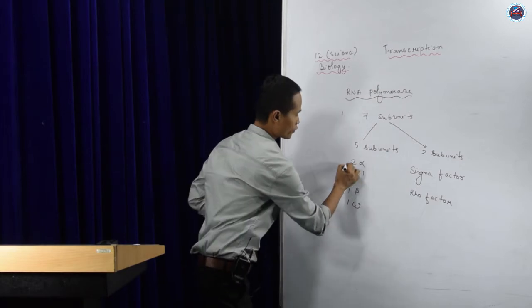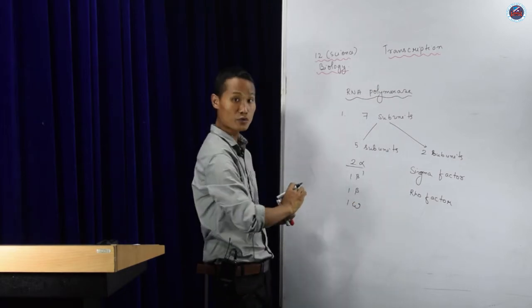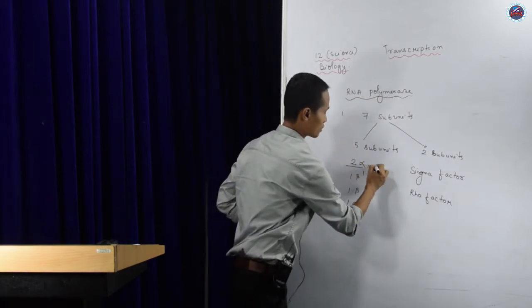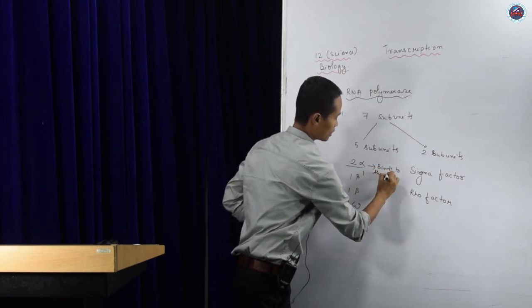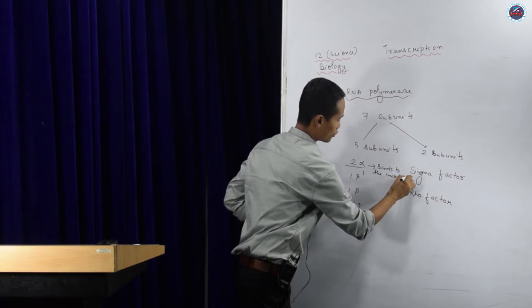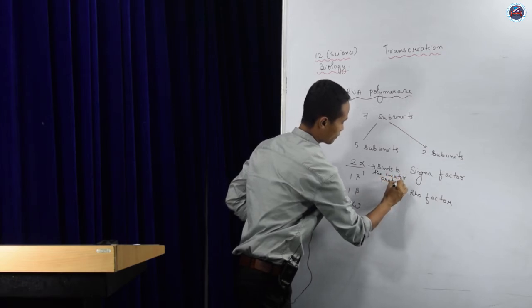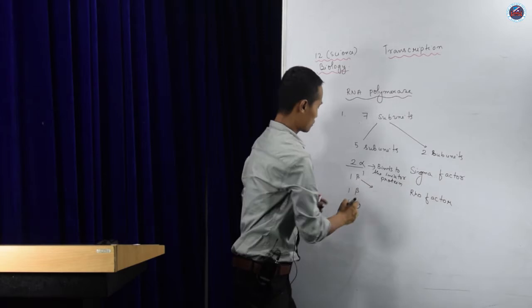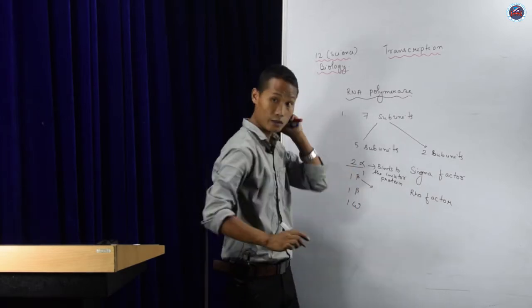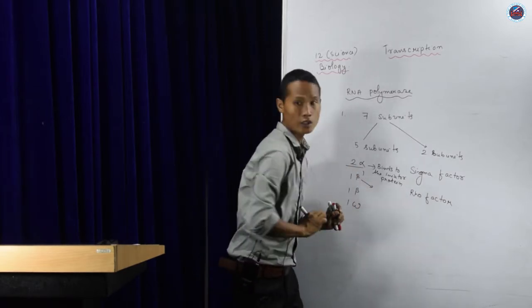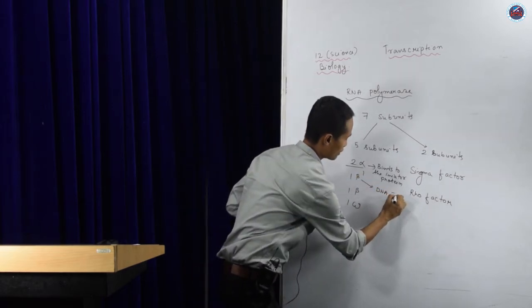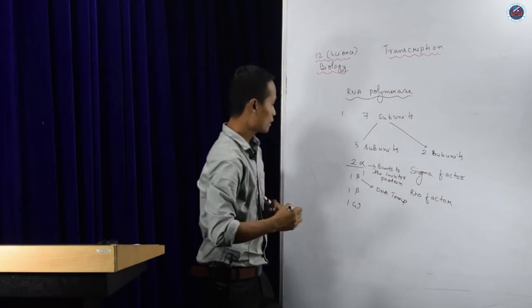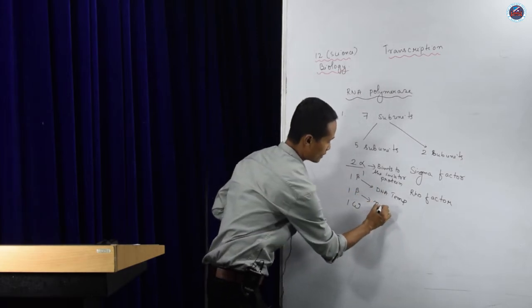The 2 alpha subunits bind to the initiator protein. Beta dash binds to the DNA template, and beta binds to the nucleotides.